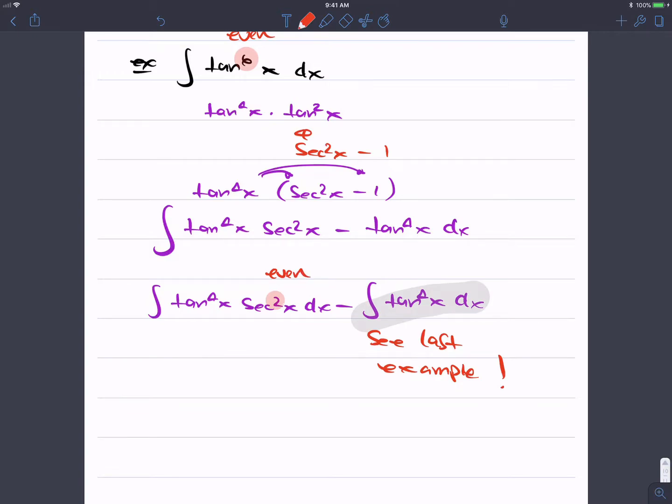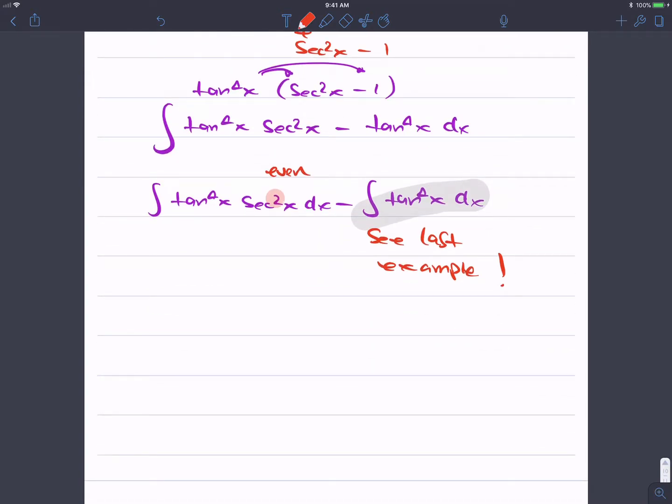So we had a procedure for how to perform u sub when you had an even power of secant. Again, u is tangent. You're going to go back to that procedure. Derivative of tangent is secant squared dx.